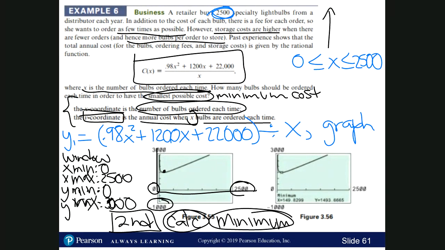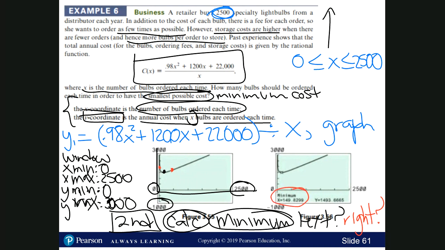So if they ask you for left bound, you want to position a point that is on the left side of your target point. Then this might switch to, and make sure you confirm with enter, right bound. So you want to select a point on the right side. Remember, this could also say lower bound and upper bound, same meaning. After that, you confirm with enter, enter, and then the calculator should give you this.